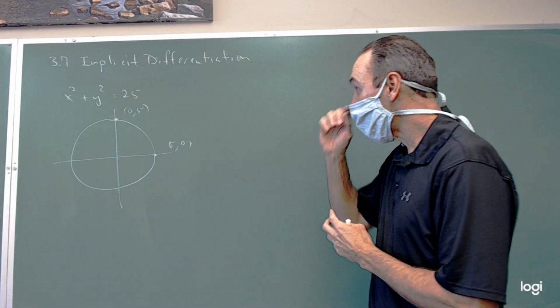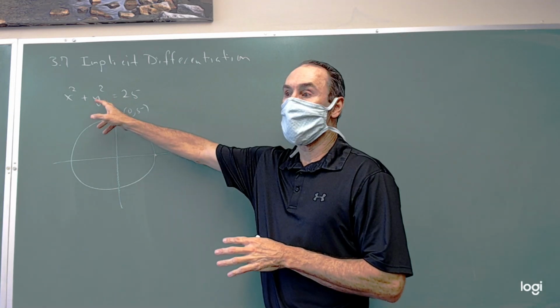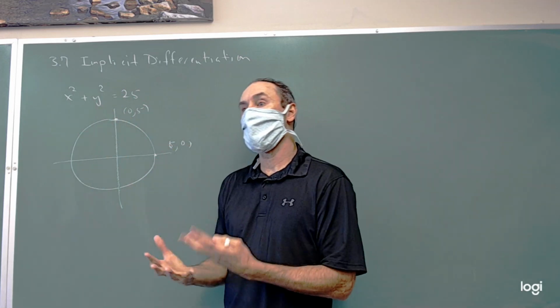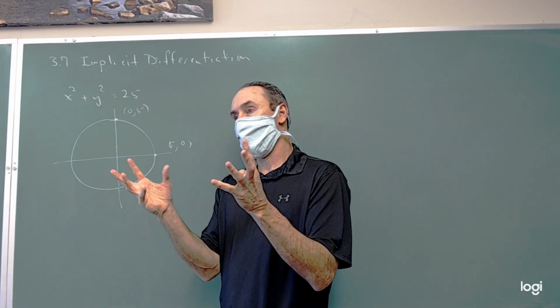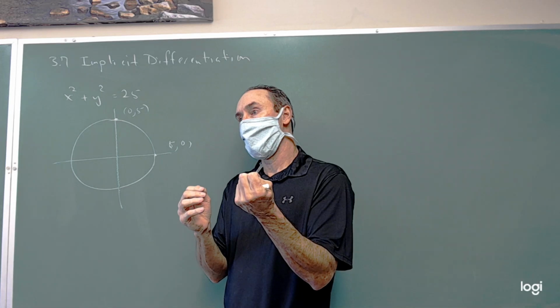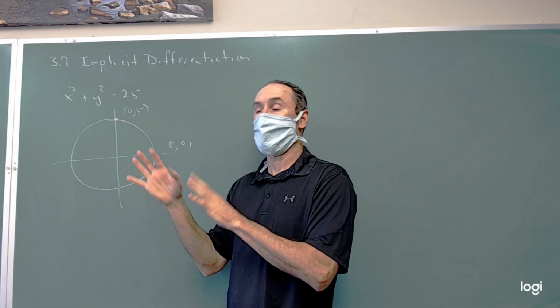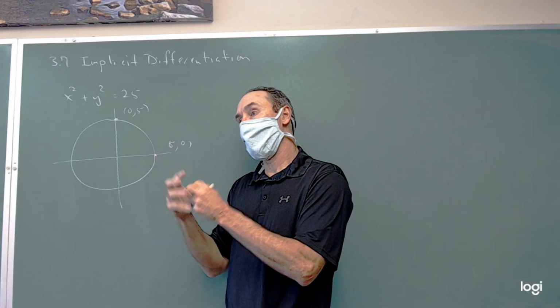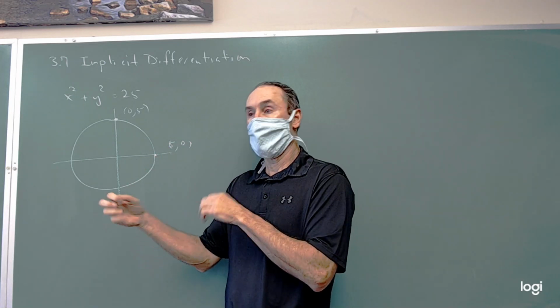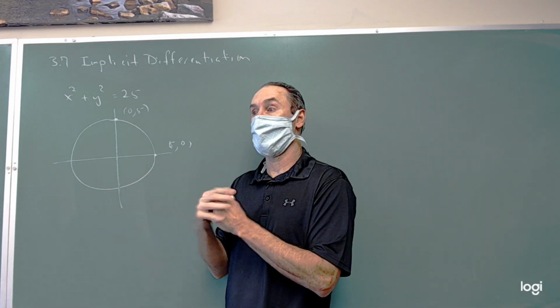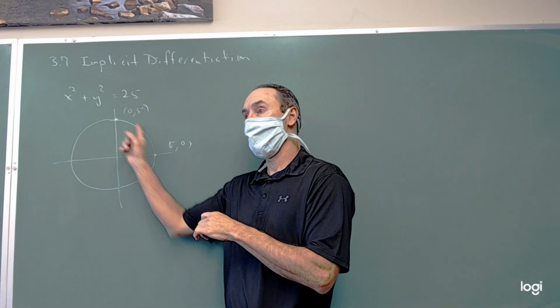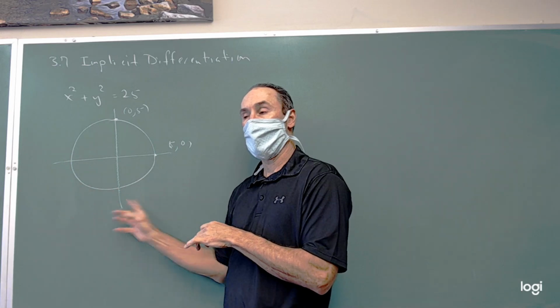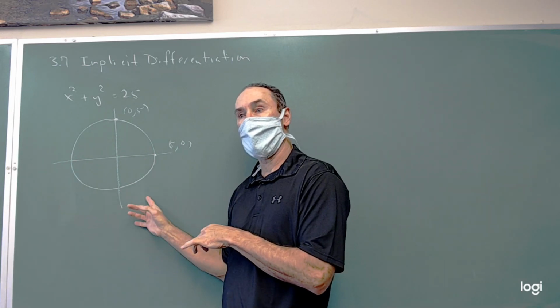So what I'm going to do is solve for y here. This right now, as it's written, is an implicit function because I haven't separated out what y is equal to. But I can in this one. Most of the time I can't. But since I can here, I'm going to separate out the y, and actually I'm going to write it as two explicit functions. We'll get the top half of the circle and the bottom half, so a semicircle and another semicircle.